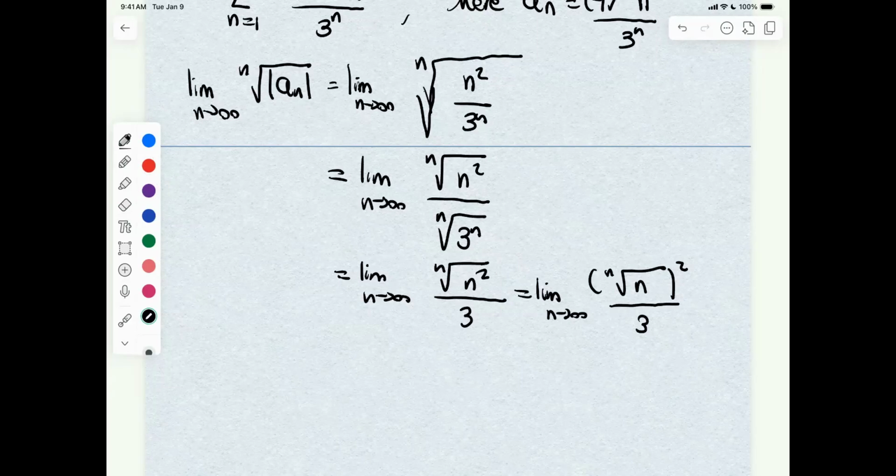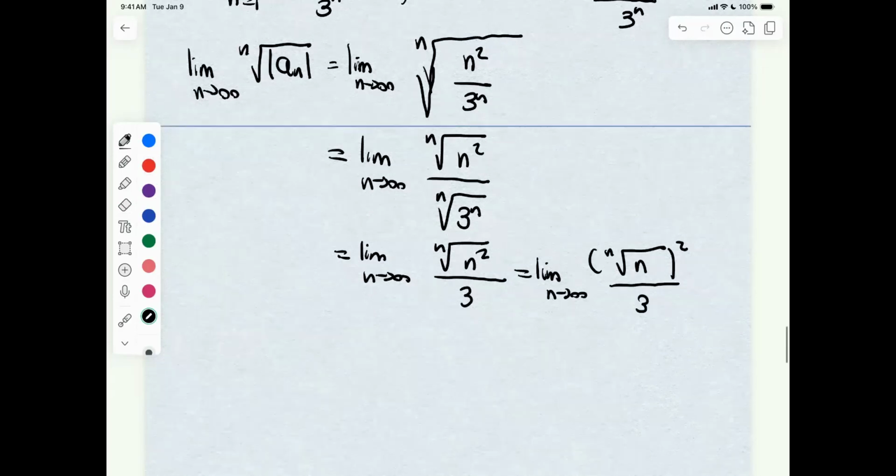Because the limit as n goes to infinity of the nth root of n is a classic L'Hopital type limit. If you happen to remember that this one is one, then you're good to go. You can just say that that's one. If not, we can do a quick L'Hopital reminder of how that works.